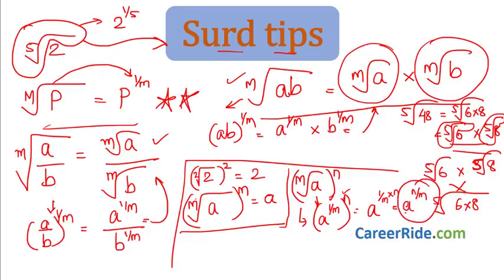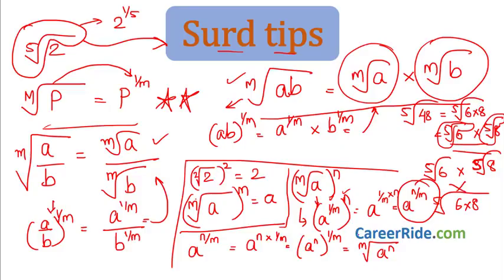Now this is a result. Again, what do we have over here? A raised to n by m, correct? So what can we write over here? We can write this as a raised to n multiplied by 1 by m, that is nothing but a raised to n, the whole raised to 1 by m, that would be mth root of a raised to n.